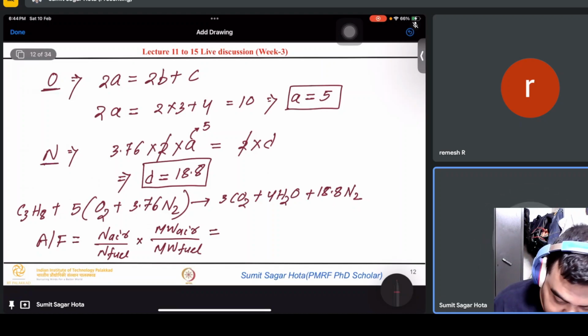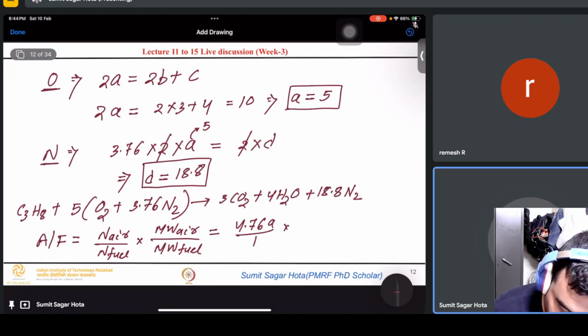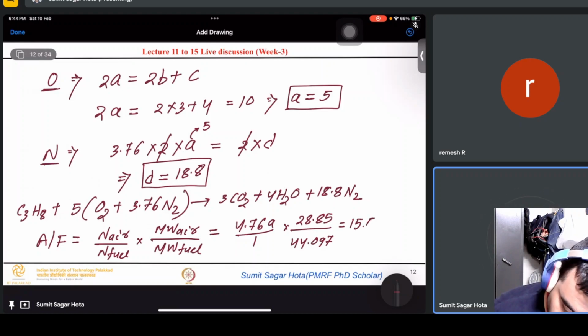What is the number of moles of air? 1 plus 3.76, since here you see O2 plus N2, so 4.76 into A. And 1 mole of fuel. The molecular weight of air is about 28.97. If you calculate C3H8's molecular weight, it comes out to be 44.097. Solve it, you get 15.57.